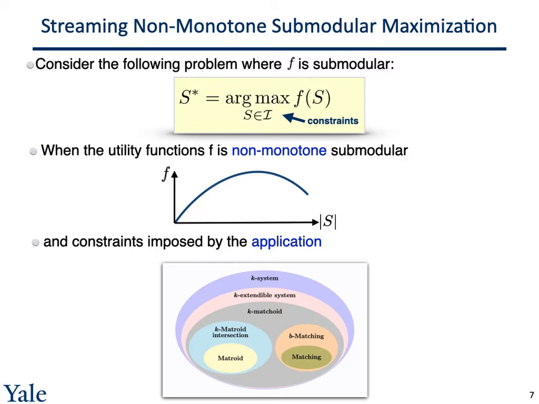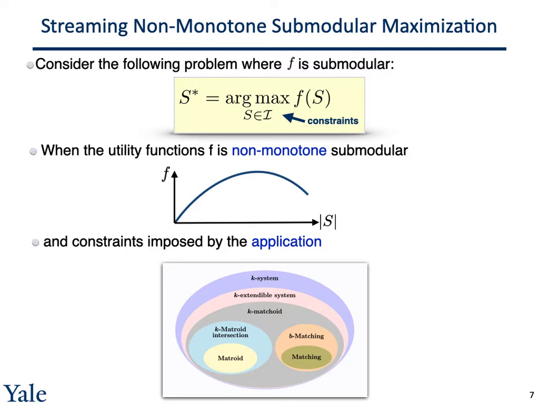While in the offline setting, the problem of maximizing a non-monotone submodular function subject to general types of constraints is fairly well understood, in the streaming setting, when the elements arrive one at a time and the memory footprint is not allowed to grow significantly with the size of the data, the landscape of constrained submodular maximization is much less understood. In this paper, we propose the first streaming algorithm for submodular maximization subject to a general k-set system constraint.